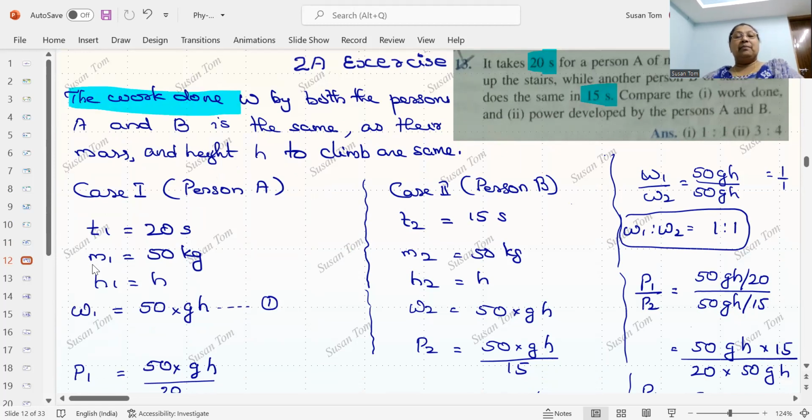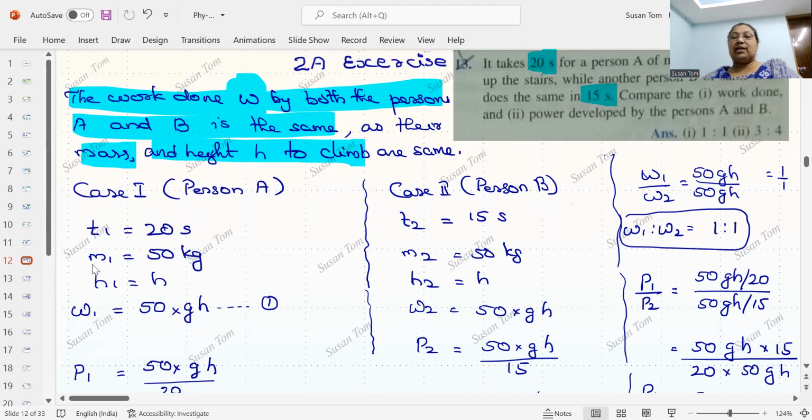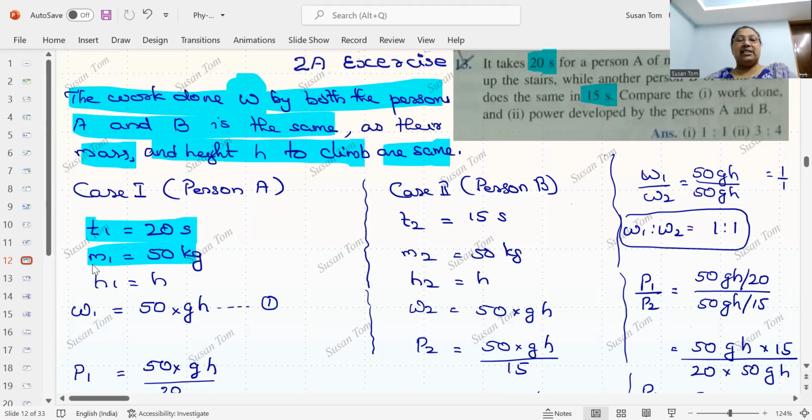The work done W by both the persons A and B is the same as their mass and height h to climb are the same. So case 1 for person A, time taken is 20 seconds, mass is 50 kg, height, let us take h. W1, I calculate, it is 50 into GH, mgh.